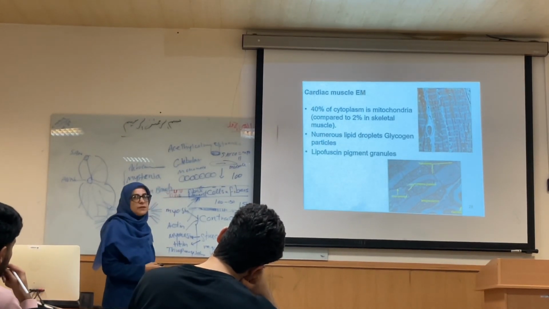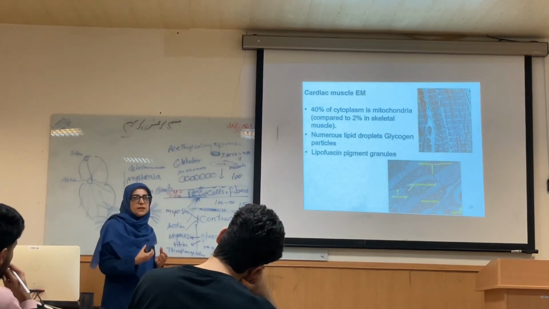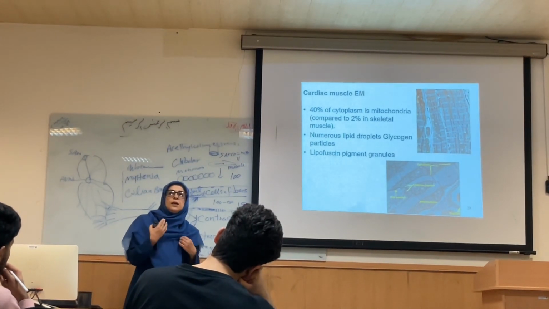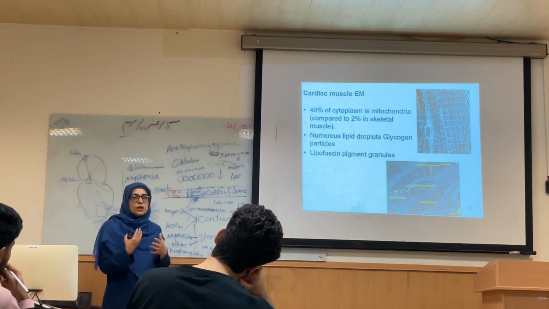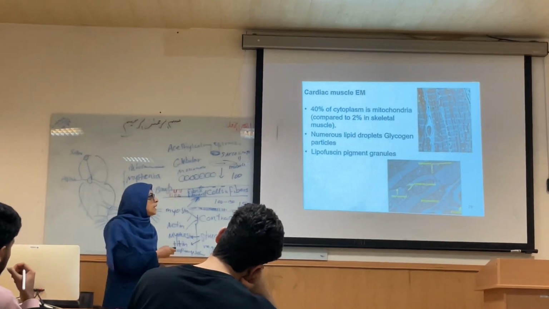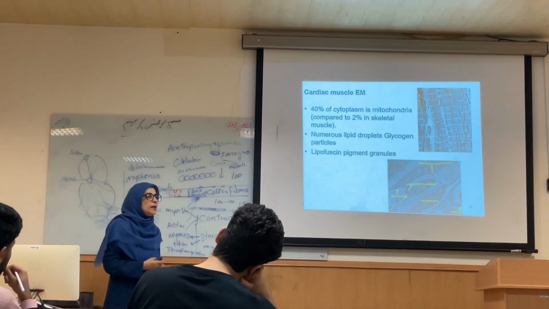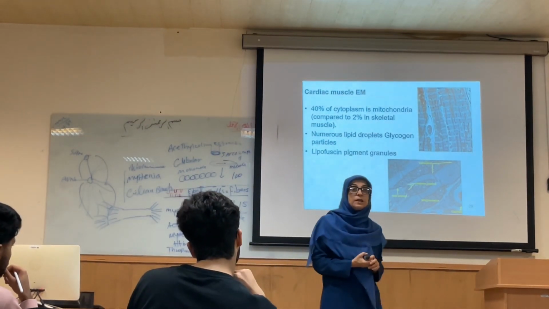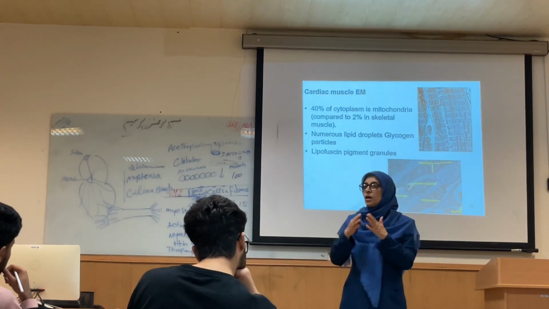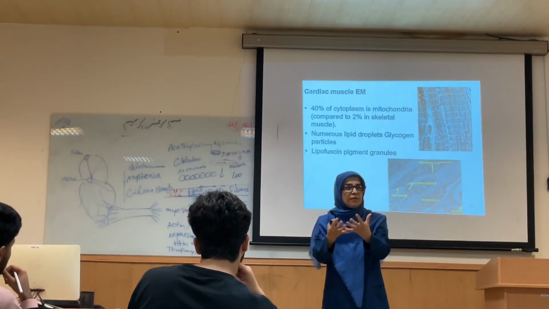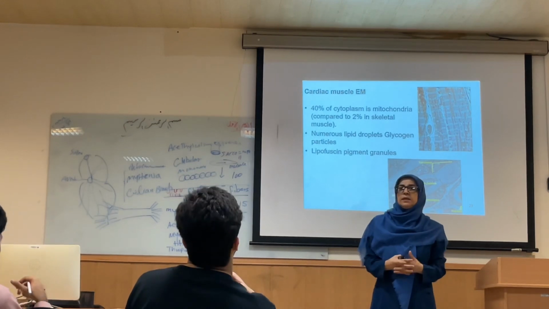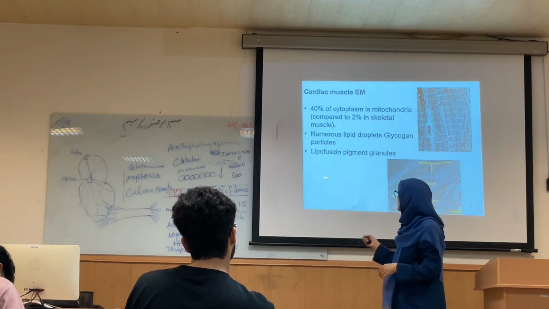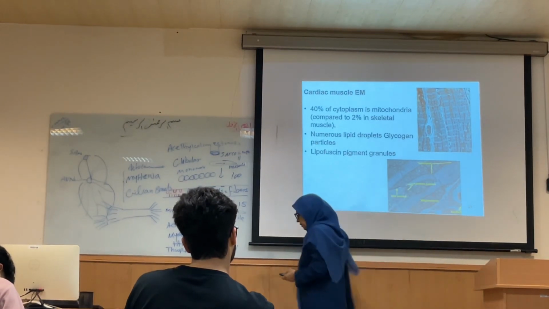They have some lipid droplets and also glycogen, used as inclusions for the production, synthesis of ATP, and also they include the lipofuscin pigment, or aging pigment, because the cardiac muscle, same as neurons, are long-life cells. The waste of the metabolic process stays in the cells, and finally we can see these granules in the cardiac muscle.